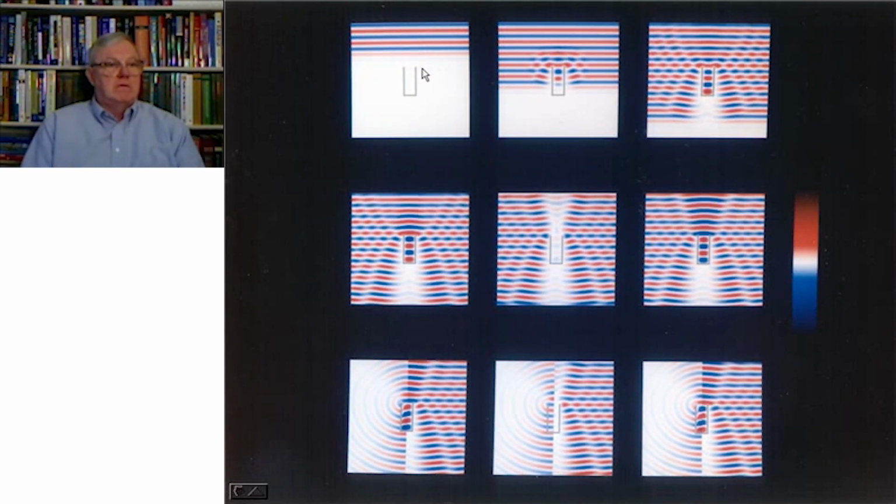And you see the wave come in. And what we're going to look at later on is the sum total of the wave coming in and the wave bouncing back.